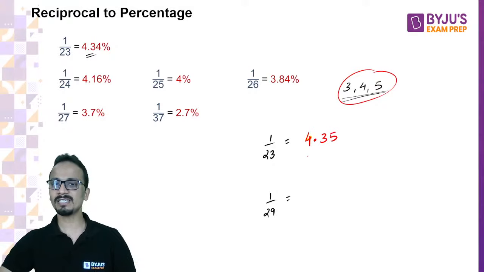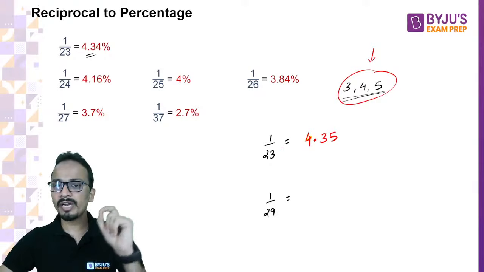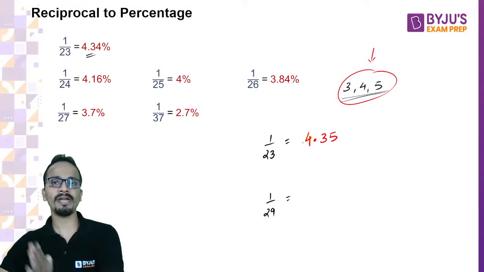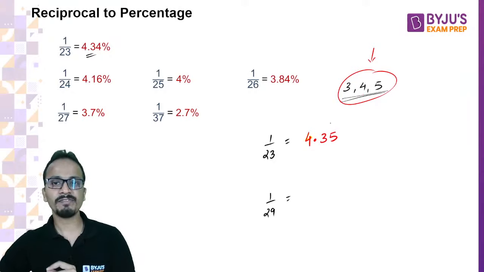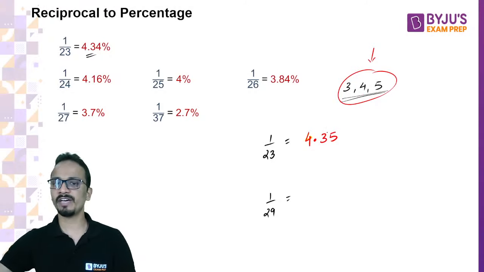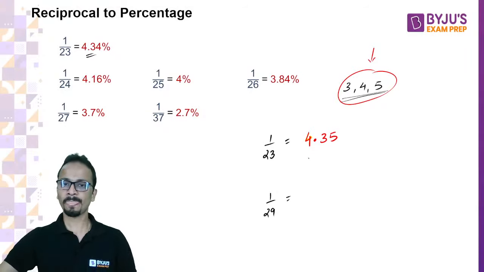I'll repeat: I'm relating this with these three numbers, 3, 4 and 5. The approximate value of 100 by 23 is 4 point something. So out of these three digits, if I remove 4, I'll be left with 3 and 5. So 4.35 is the value of 1 by 23.